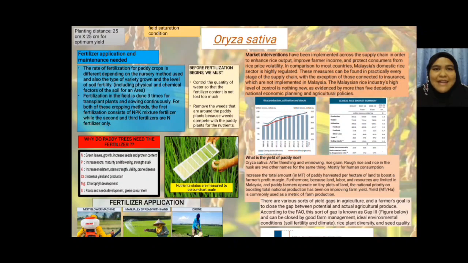Metric ton per hectare is commonly used as a metric of farm production. There are various sorts of yield gaps in agriculture, and a farmer's goal is to close the gap between the potential and actual agricultural produce. According to the FAO, this sort of gap is also known as gap 3, as the figures show below, and can be closed by good farm management, ideal environmental conditions, which are soil fertility and climate, rice plant diversity, and seed quality.